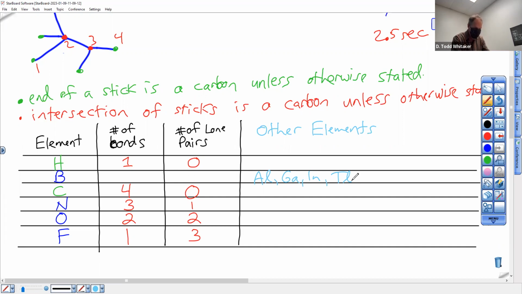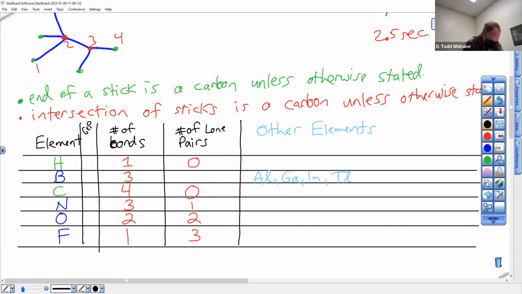Hey, boron's weird. What's the Roman numeral above boron there? Only the people way over there can see it. It's in yellow. 3. That means it makes 3 bonds. Here, I can sneak in group. Group.